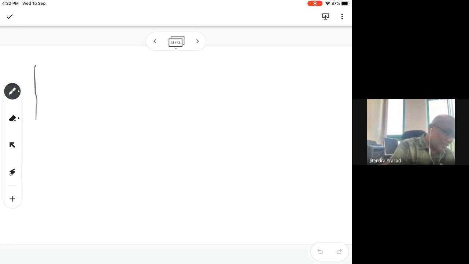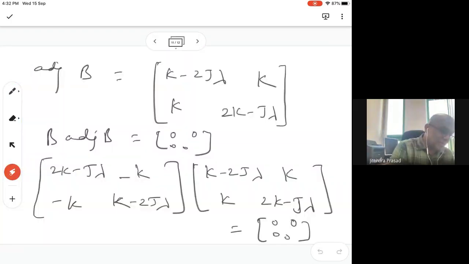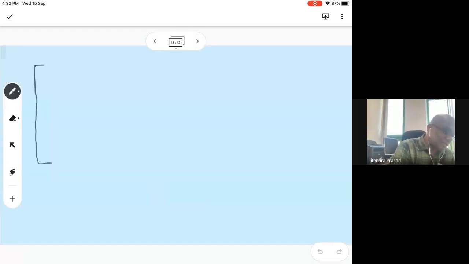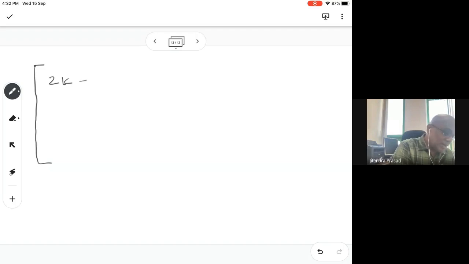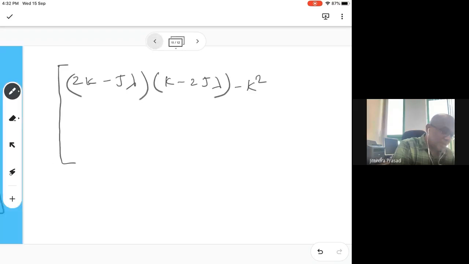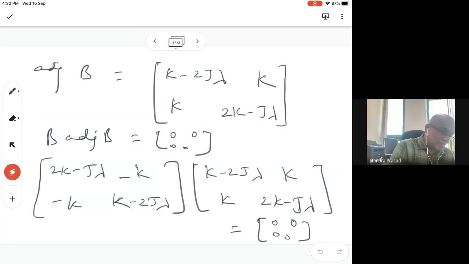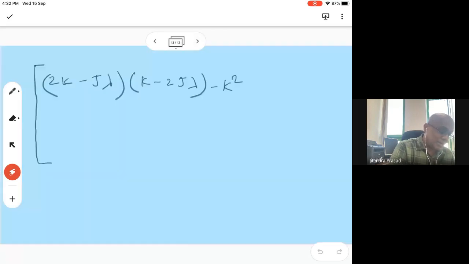We get 2K minus J lambda multiplied by K minus 2J lambda, minus K square. So this multiplied by this one, then this multiplied by this one. This is minus K here, so minus K and K, minus K square.